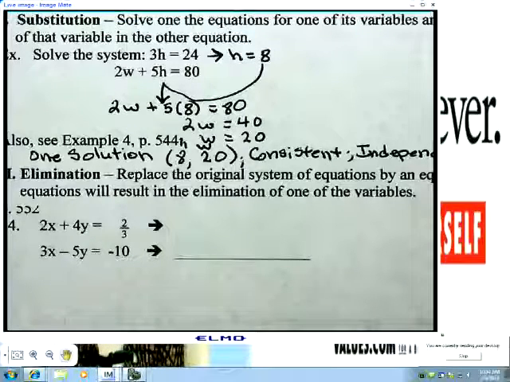Example 4. No, I don't have it with me. But I can make up something really quickly just like it, because there is one other thing I want to show you.